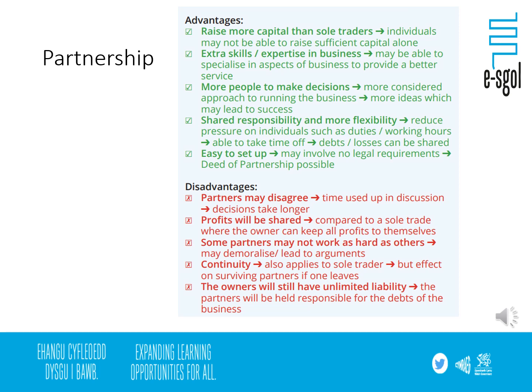And again, owners still have unlimited liability, so it's the partners that are held responsible for the debts of the business, and they are personally responsible. So if you're being sued or something goes wrong, it's you personally that's going to get sued, and you could lose unlimited amounts of money.